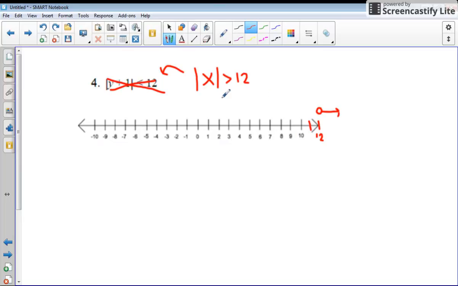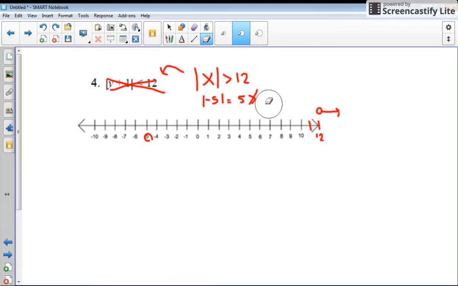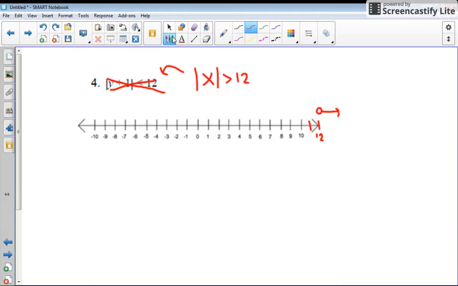Let's just think about numbers for x that will work. If I plug in a number like, I don't know, -5, the absolute value of -5 is actually +5, but that is not greater than 12. So I have to rethink this a little bit. What negative number is the smallest possible number that's going to be greater than 12?